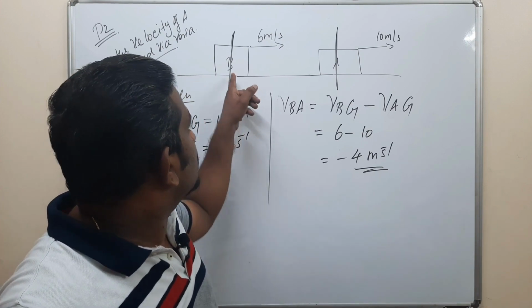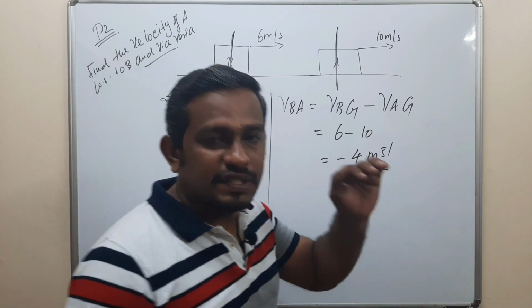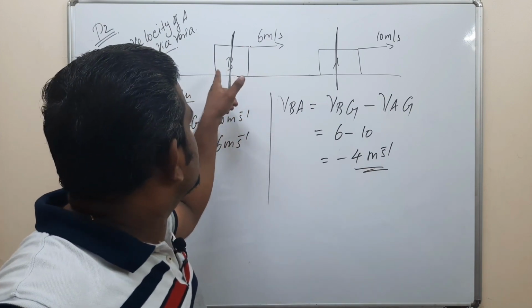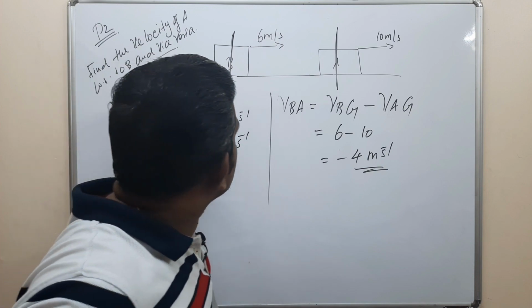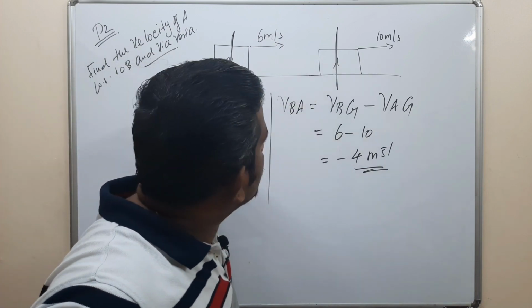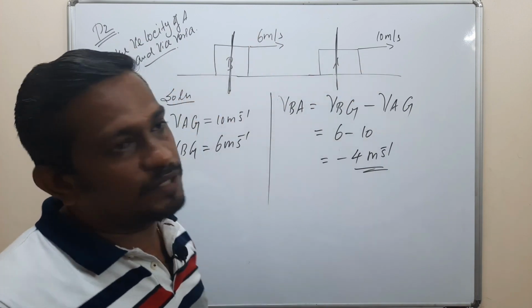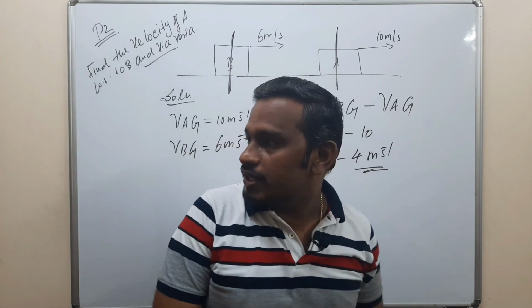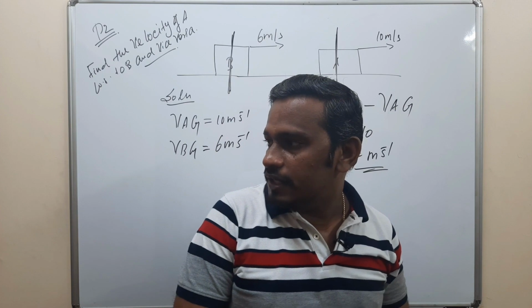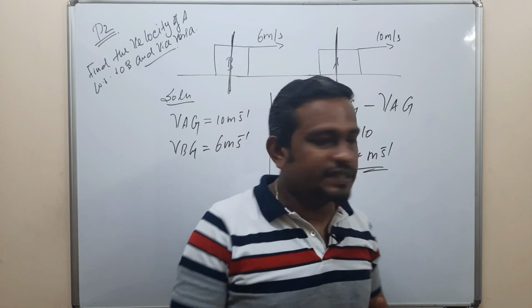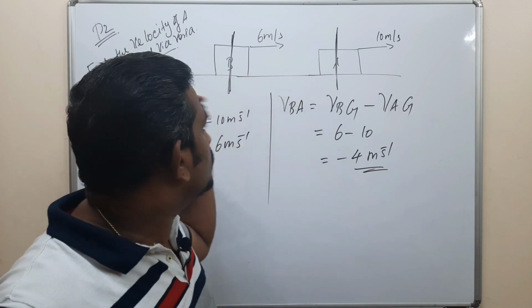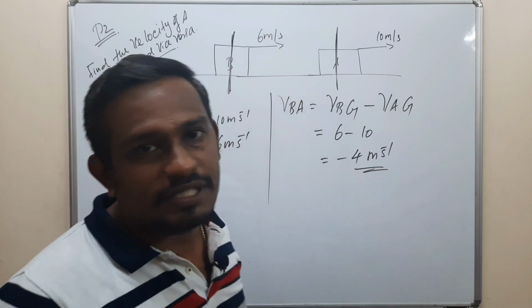For a ground frame, suppose the observer is on the ground and he is watching car B. Car B is moving in the forward direction with a speed of 10 meter per second. When the observer gets inside the car and watches back, he feels that car B is moving in the backward direction at the rate of 4 meter per second.